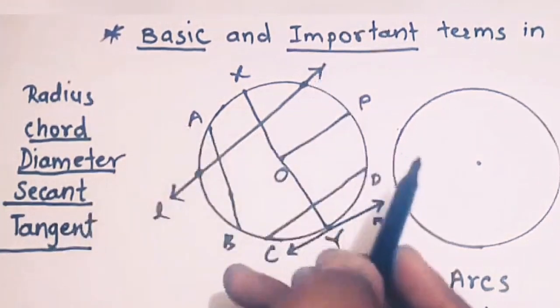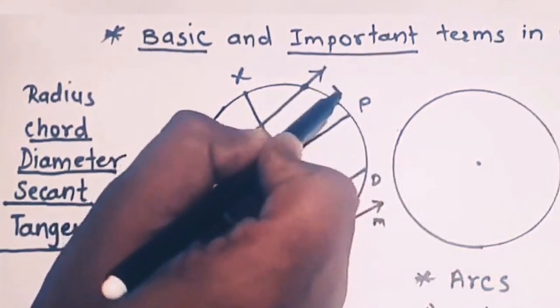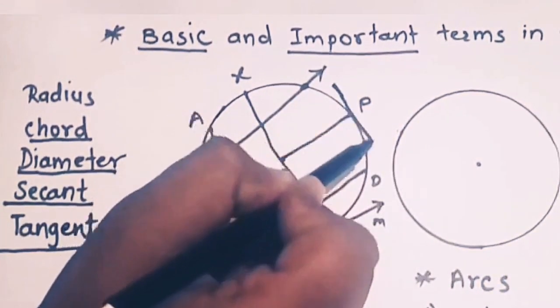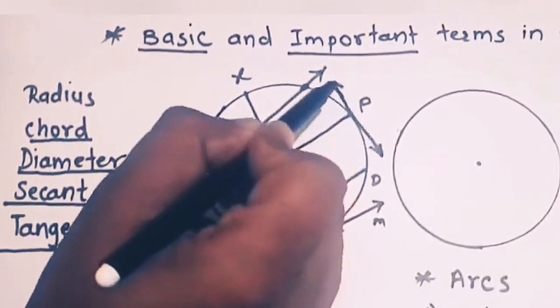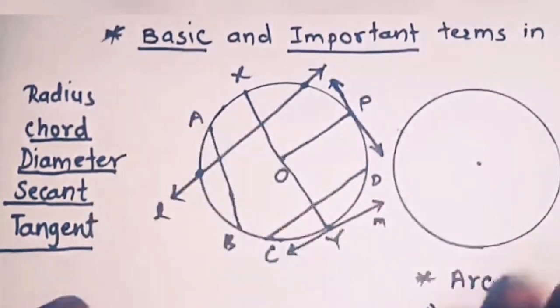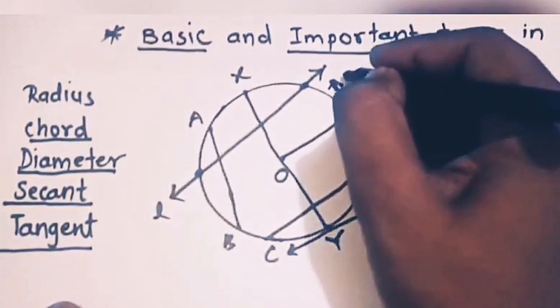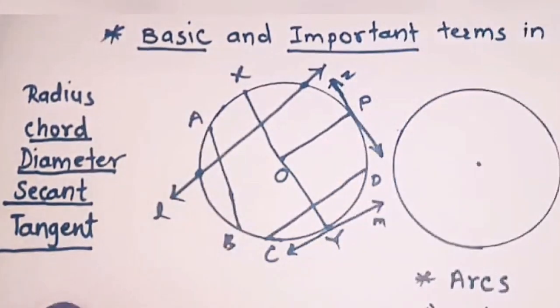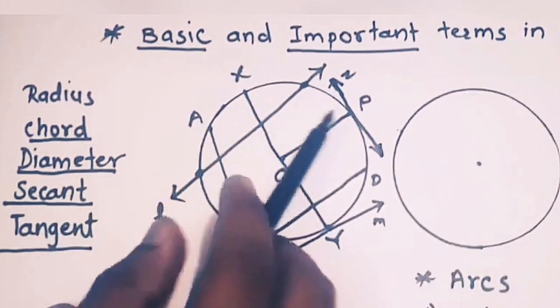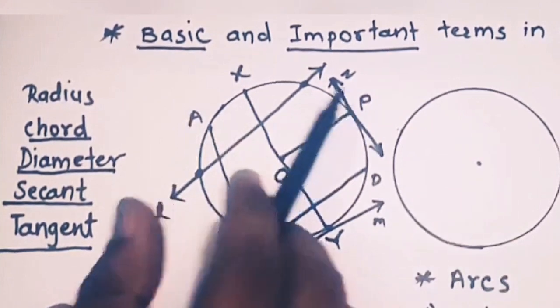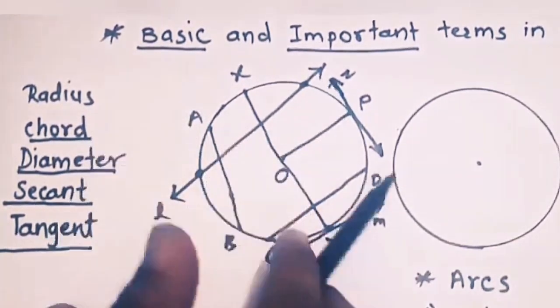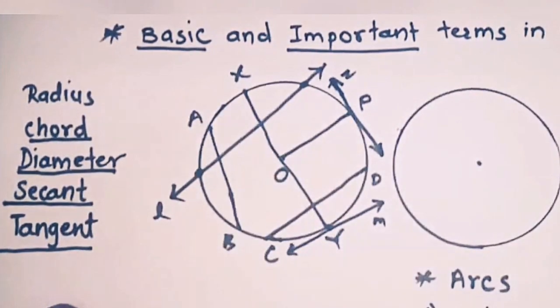Okay, now I can explain one more time. See, check out over here, this is let's say line Z. Yes, line Z too over here is touching the circle at only one point, that is P, and so line Z is also called a tangent.